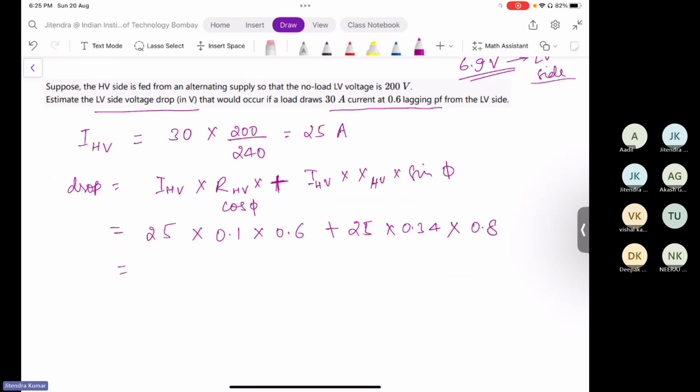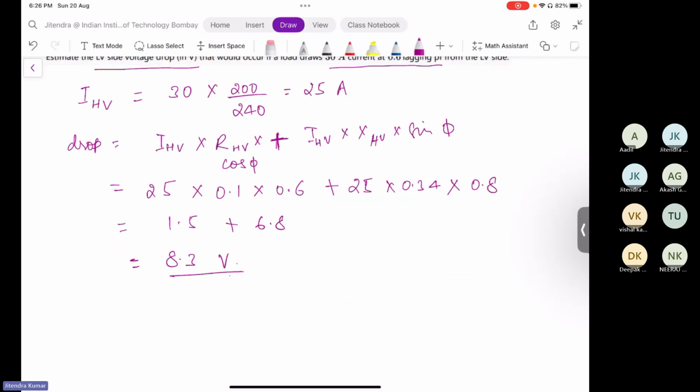If you compute it, 1.5 plus 6.8, it is 8.3. So 8.3 volt of drop occurs at the HV side.